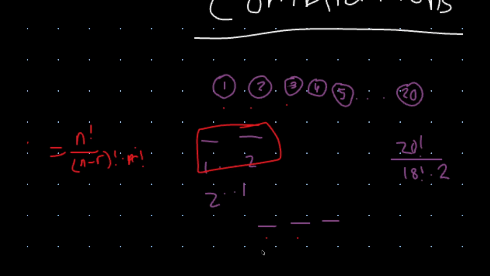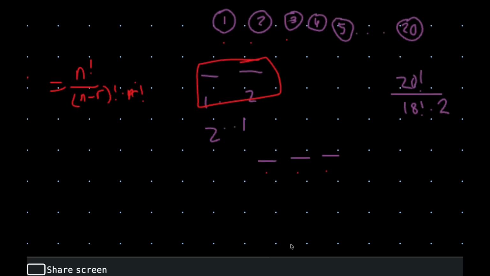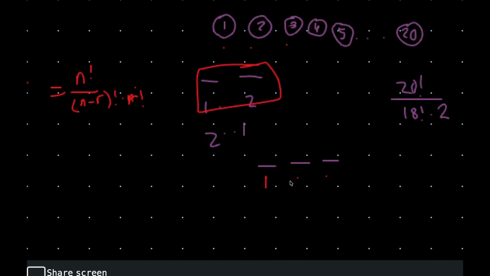There's 2, 1, 3, etc. In fact, let me just list them out. 1, 2, 3. 1, 3, 2. 2, 1, 3. 2, 3, 1. 3, 2, 1, and 3, 1, 2.